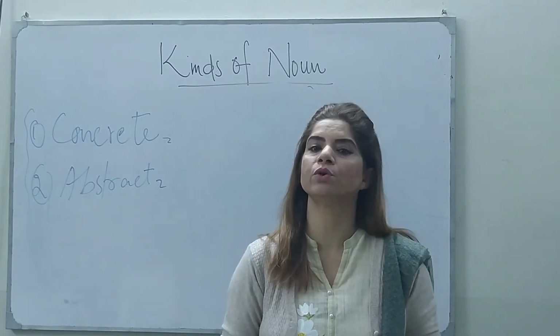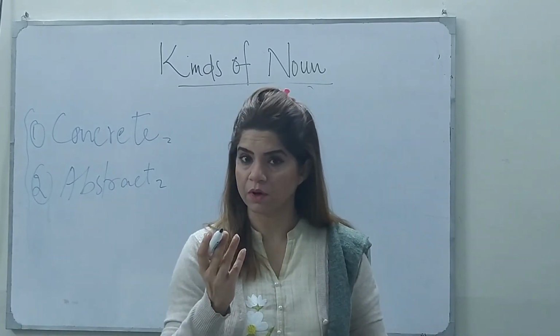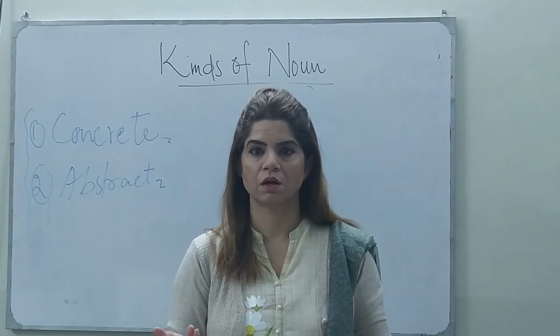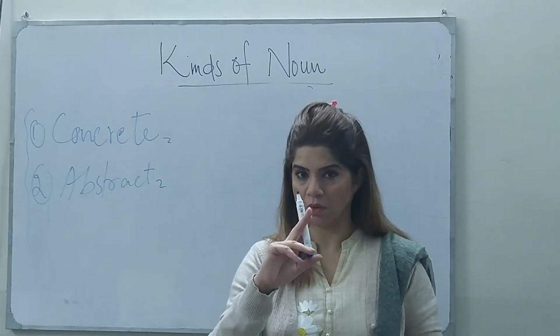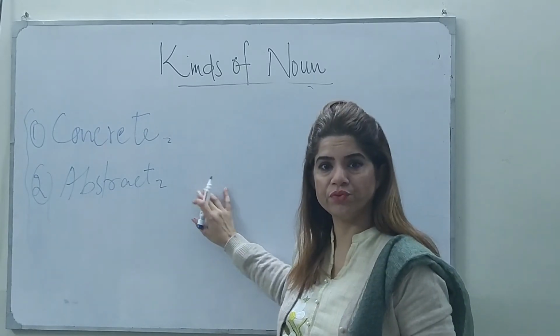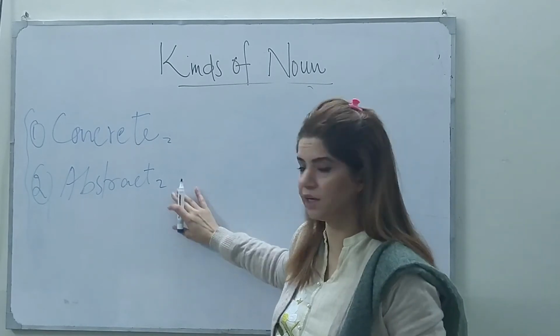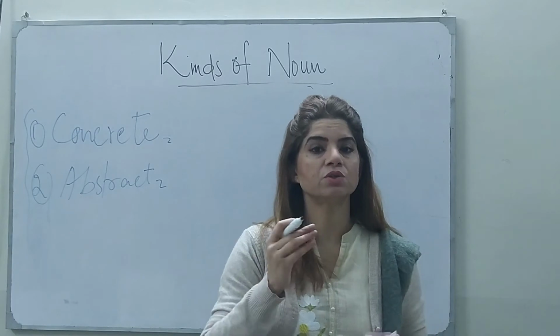The things that you can touch, like cup, glass, fan, window, mobile, marker, duster, board. I can feel them by using my senses and by touching them. So they are called concrete or solid nouns.